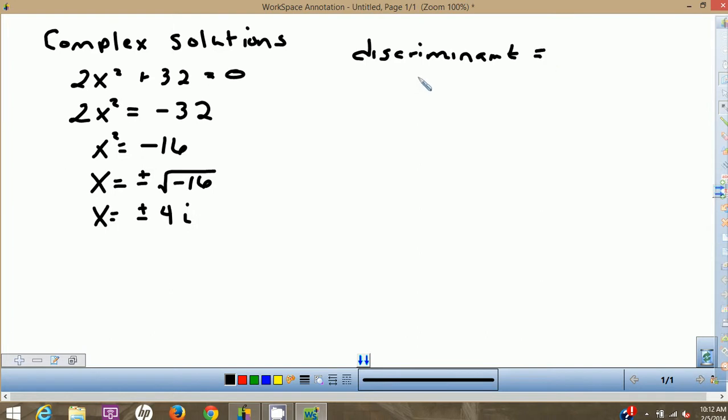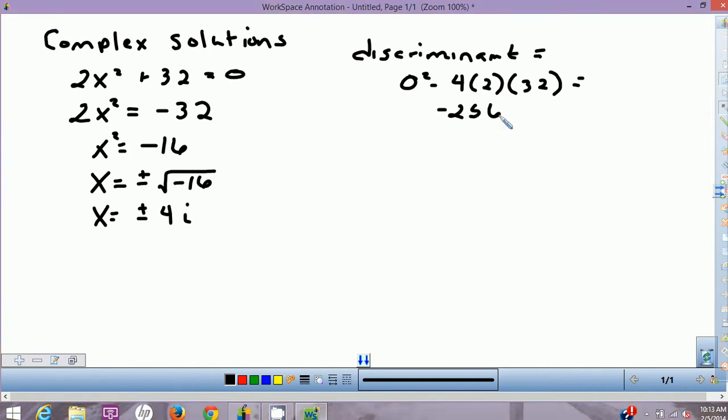So if we plug this in, b squared, so 0 squared, minus 4a, a is 2, c, which is 32, gives us our discriminant, and our discriminant in this case is equal to negative 256. So we talked about in the last video, when we talked about the discriminant, that if we got a negative discriminant, we knew there were no real solutions. Well, that's true. There are no real solutions to this quadratic.